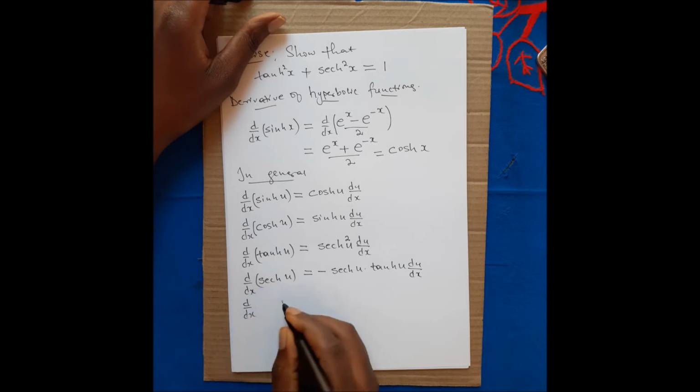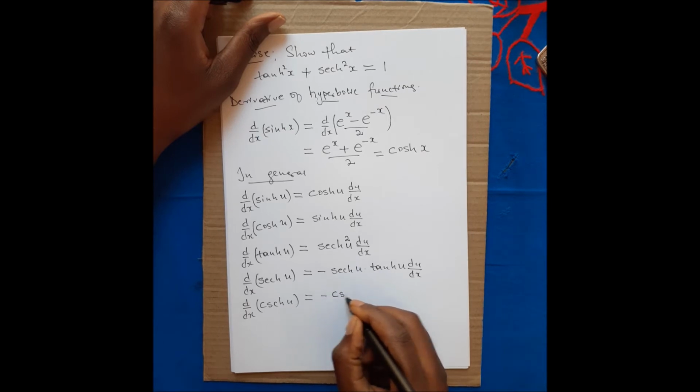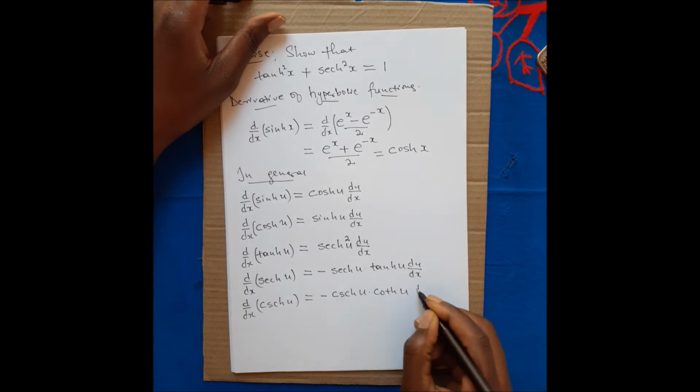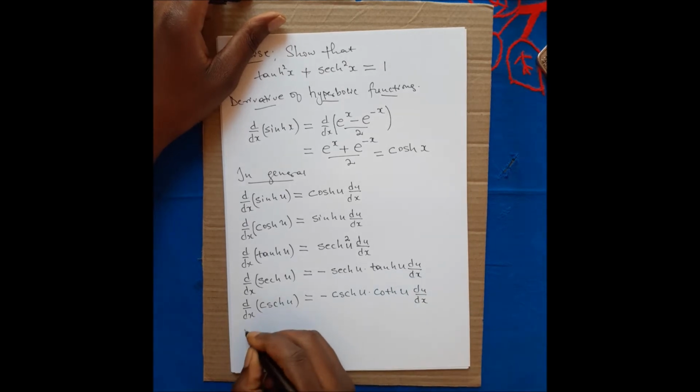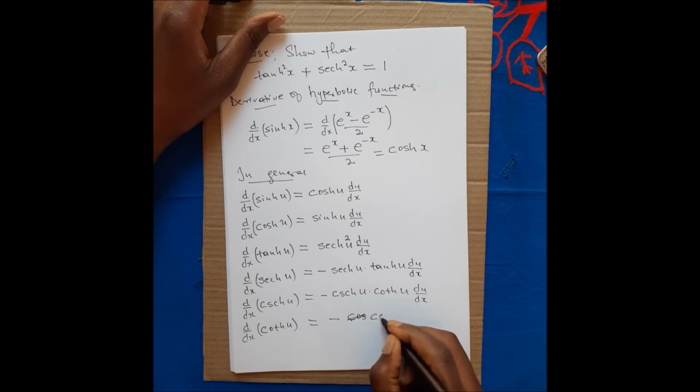Then the derivative of cosech u is minus cosech u coth u du dx. Then the derivative of coth u equal to minus cosech squared of u du dx.